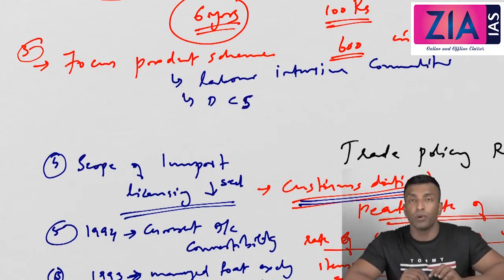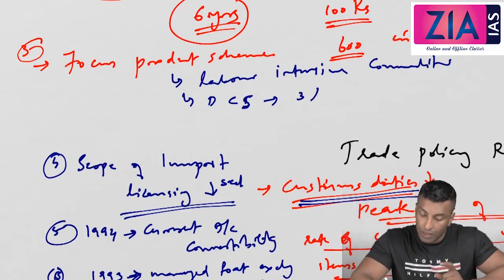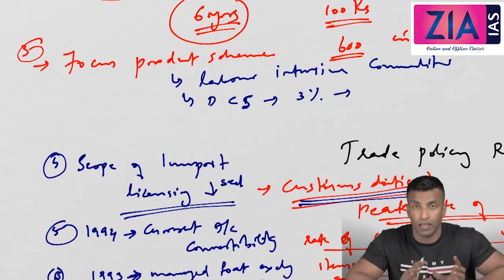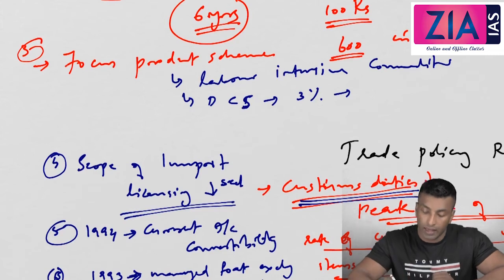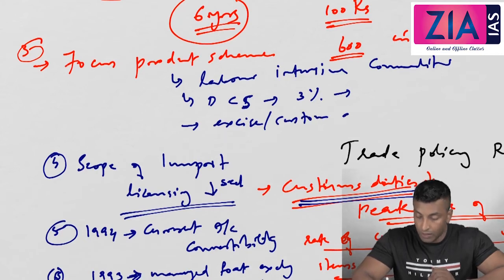Duty credit scripts are given at 3% of the value of the export. Whatever they have exported, let's suppose 100 rupees, then 3 rupees of DCS they are getting. And they can use this DCS to pay the excise or customs duty.